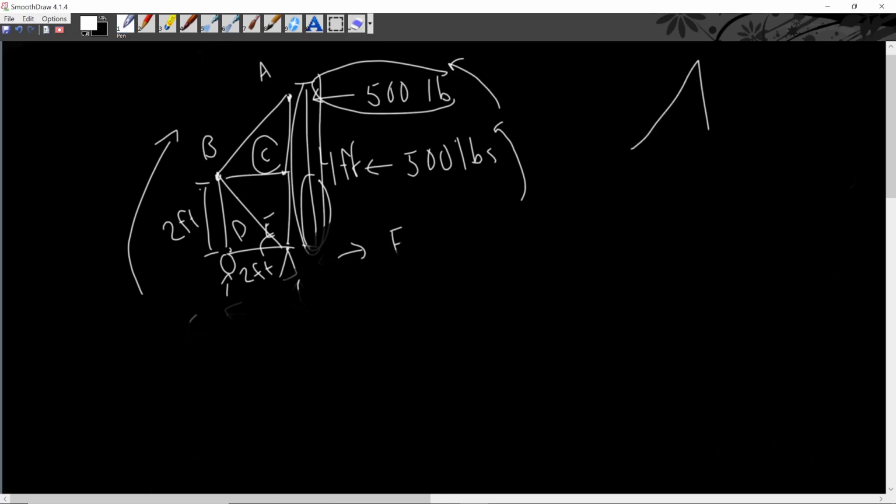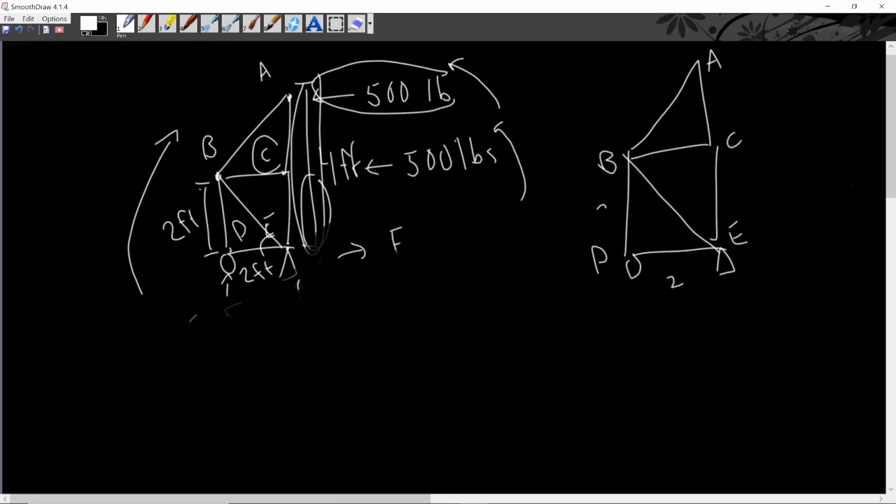We have this trapezoidal truss with a roller right there, pin right there, A, B, C, D, E, and then 1 right there. So 2, 2, and then we said all of that was 4. So how would we calculate the angle of, say, BED? Well, we are given 2 values. We don't know the hypotenuse, even though we could calculate it.